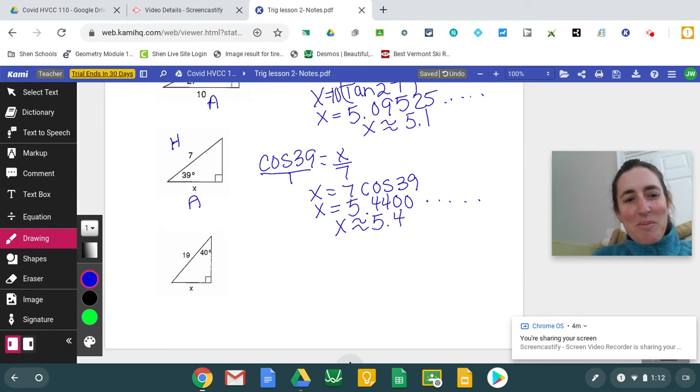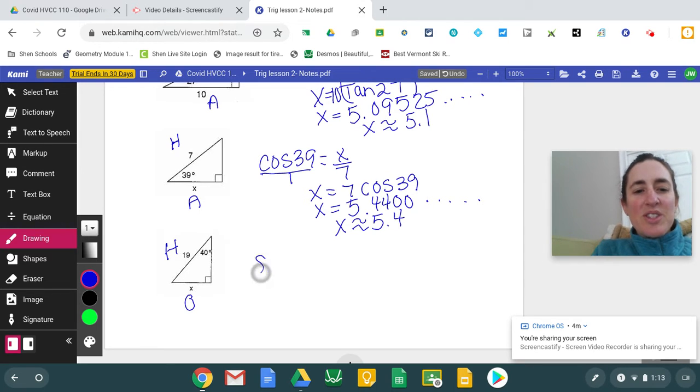Let's look at our next example. Here's my 40-degree angle as my reference angle, and this is my opposite and hypotenuse. I'm going to have to use sine. So sine of 40 is going to equal x over 19. I'm going to put that over 1 and cross multiply.